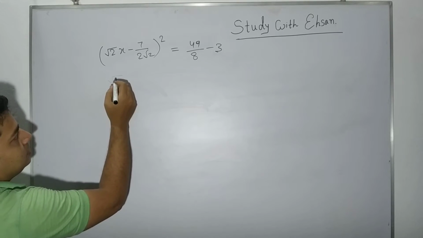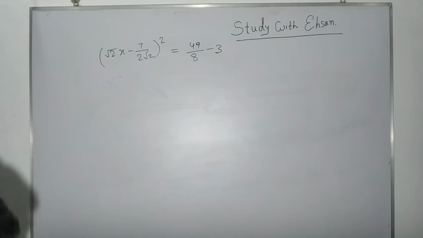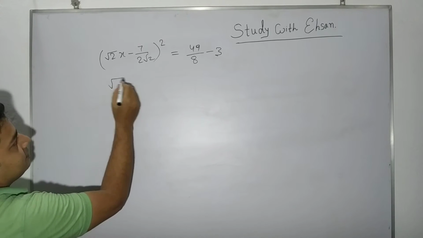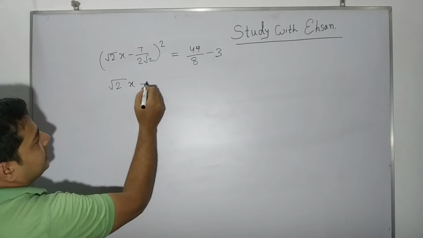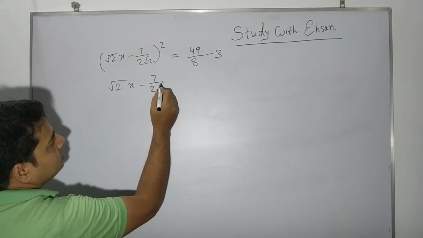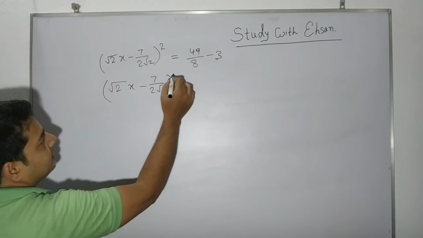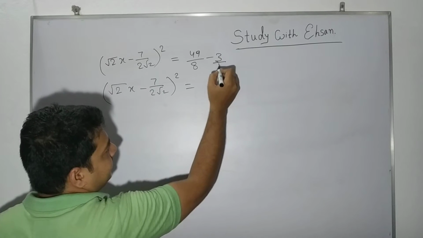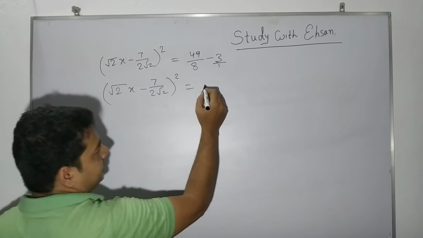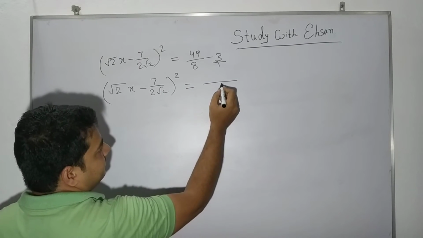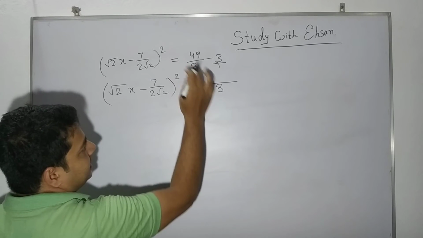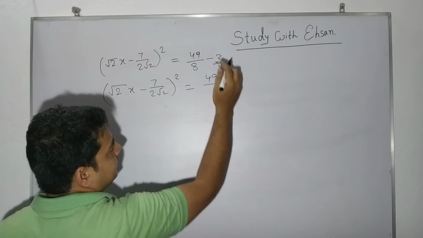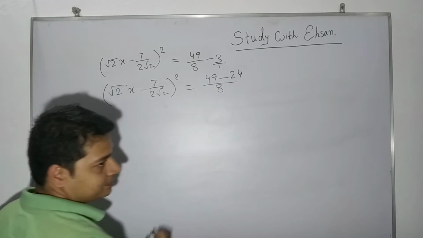We do not have to change this left hand side term. This will be copied as it is, (root 2x minus 7 upon 2 root 2) whole square, and we will subtract these two. There is nothing, then it is 1 in the denominator of 3. LCM of 8 and 1 will be 8. 8 ones are 8, then 1 49 is 49, minus 1 8 is 8, then 8 3s are 24.